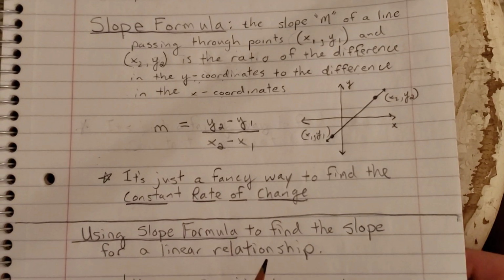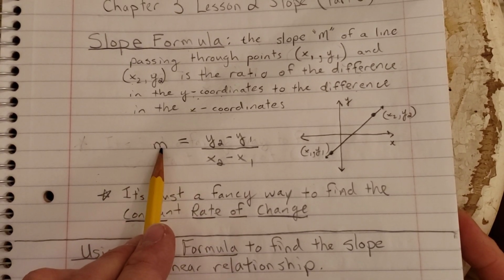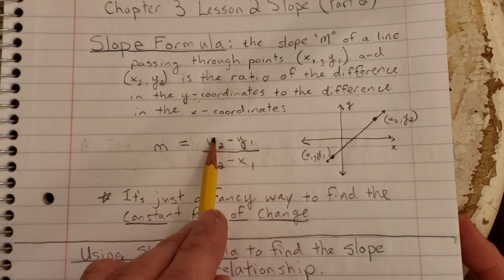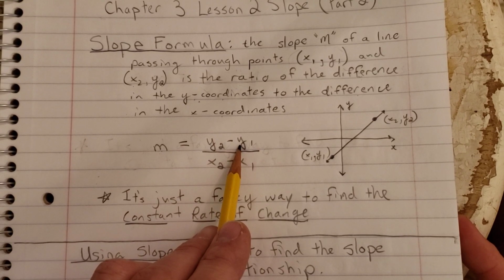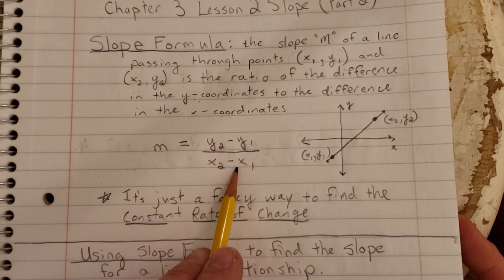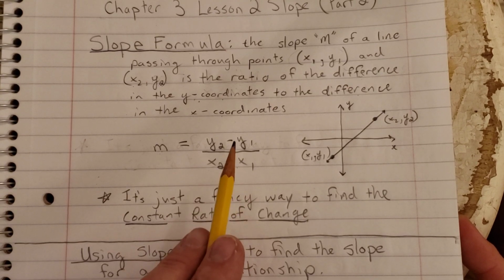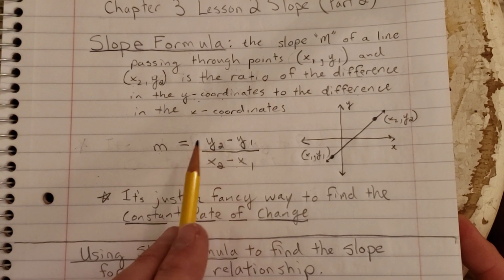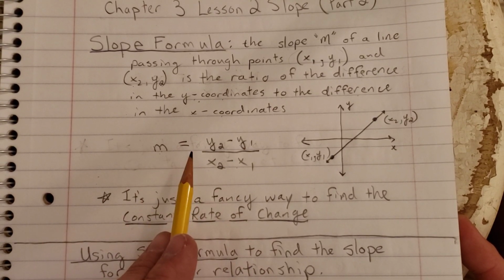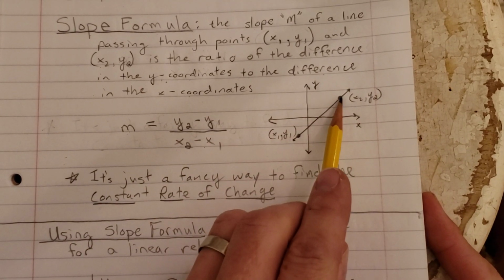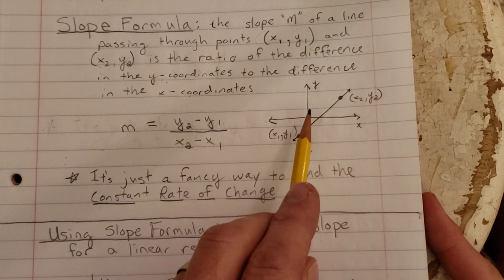So what does this m stand for? That stands for slope. The difference in the y coordinates is just the change in y, and the difference in the x coordinates is simply the change in x. So this is just another way to find the rate of change. Now, this is just a general picture.